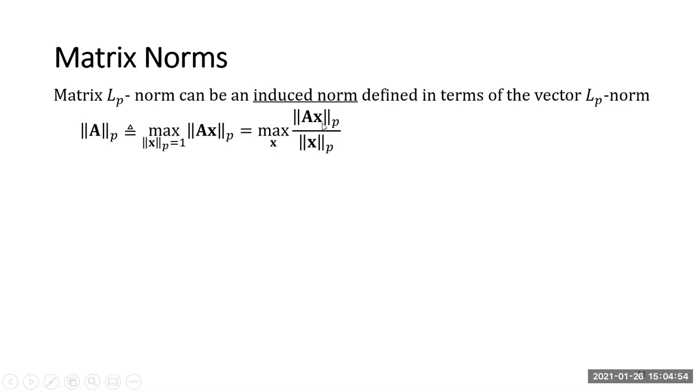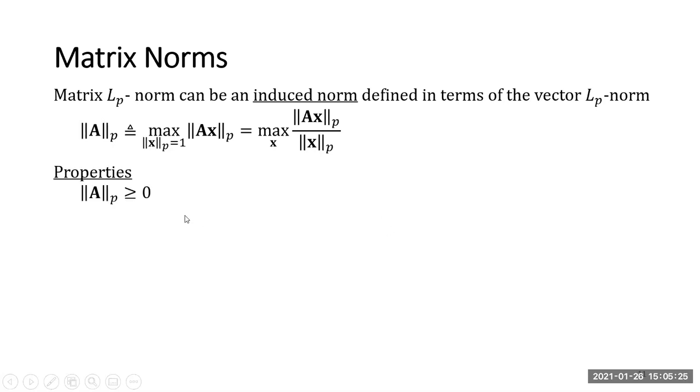So the LP norm of the vector Ax divided by the LP norm of the vector x itself. For different values of x, we'll get different values of this ratio, right? And so we maximize with respect to x. That's the definition of the LP norm of a matrix. That's why we say that the matrix norms are induced norms.